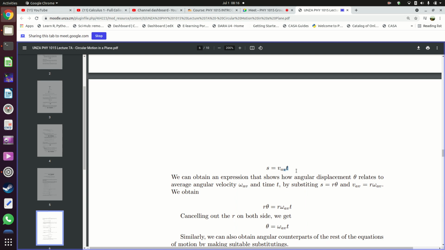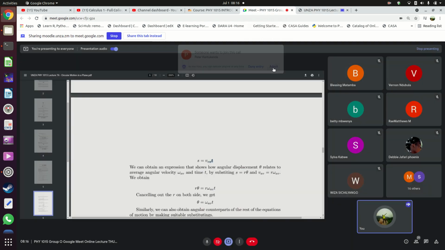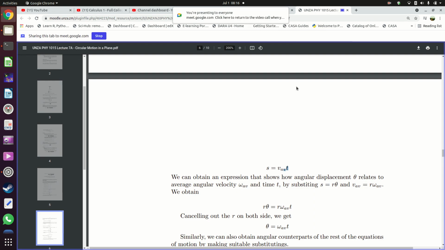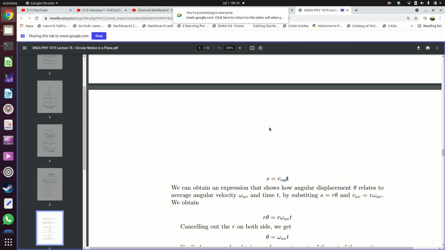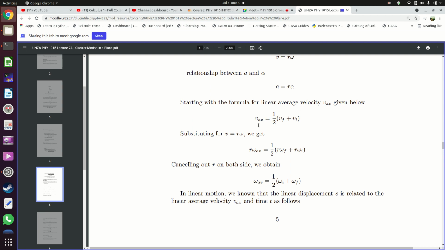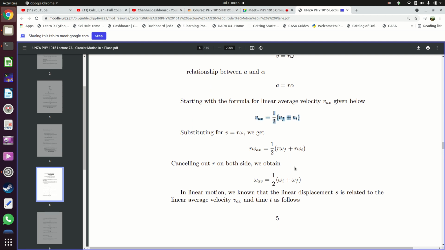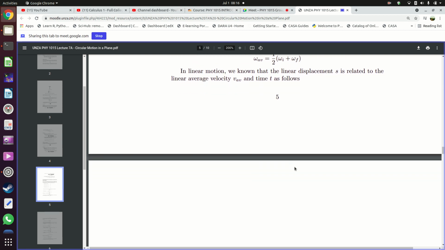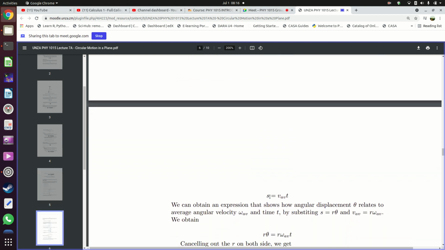We know this relationship from our expression of average velocity, because you can also obtain average velocity by dividing the total displacement by how much time it takes you to cover that displacement. So that is a way of getting average velocity apart from the addition we have done. You can get average velocity by dividing s by t.